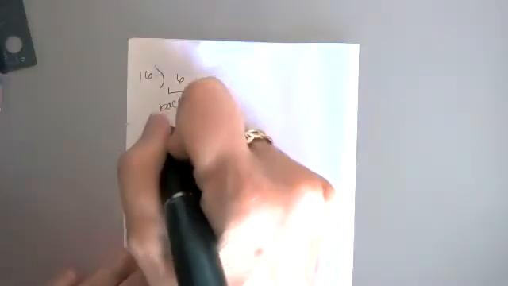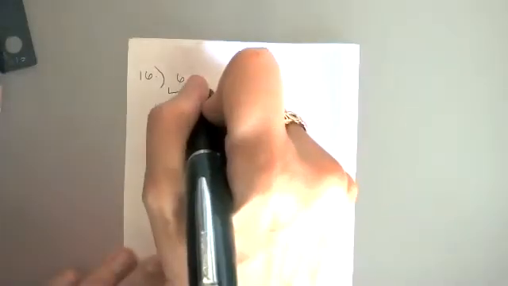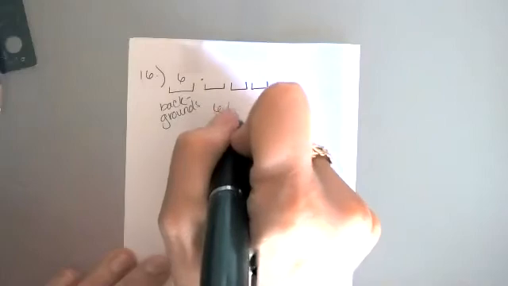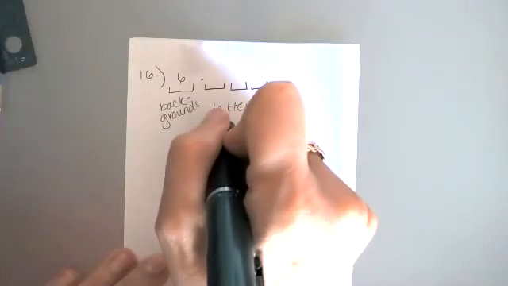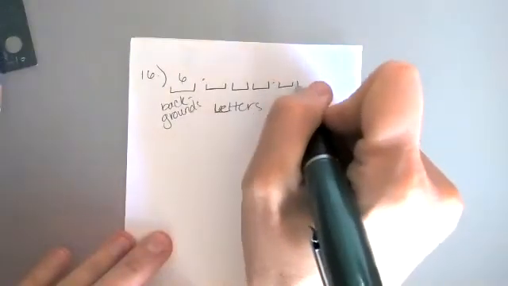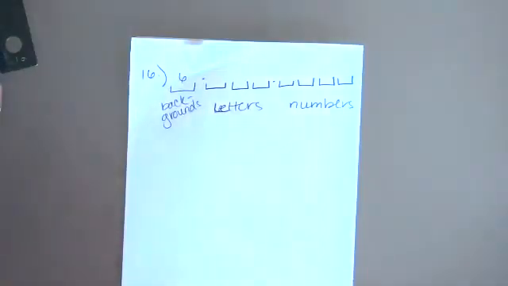So 16 says, how many license plates are possible if there are 6 backgrounds to choose from, three letters, so we've got 1, 2, 3 letters, and 4 numbers, so 1, 2, 3, 4, and these are numbers. Okay, and then it said, assume that the letters can be repeated.